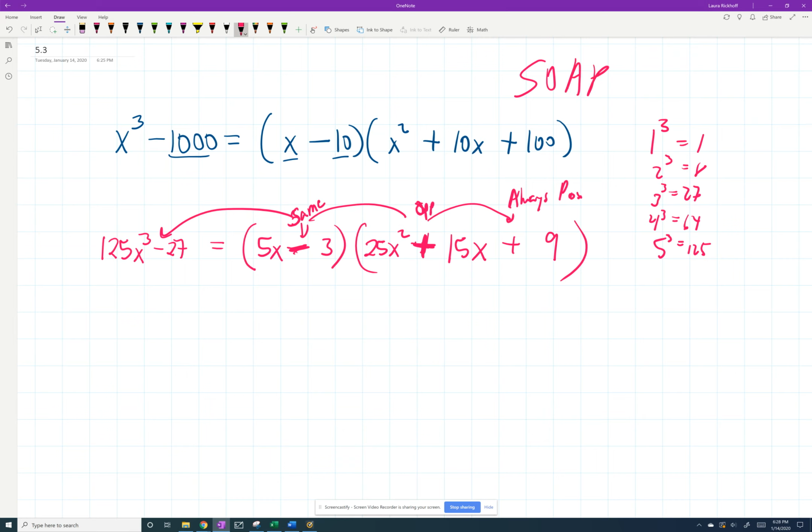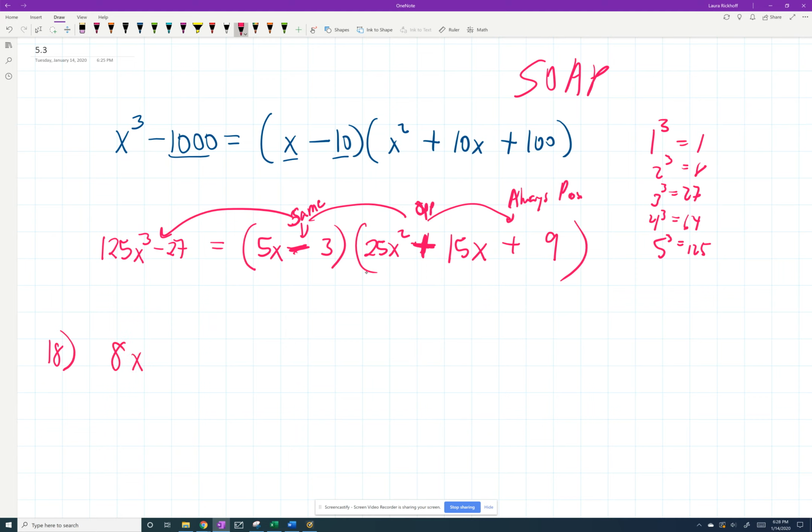And then if we go a step further, they didn't want us just to factor it. They wanted us to find the solutions. So let's do number 18.